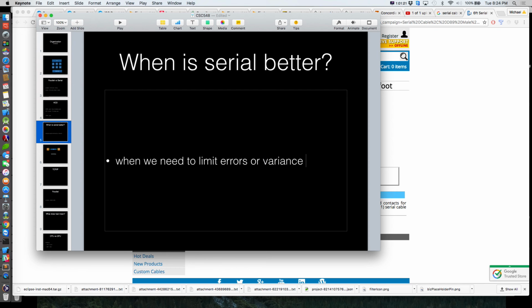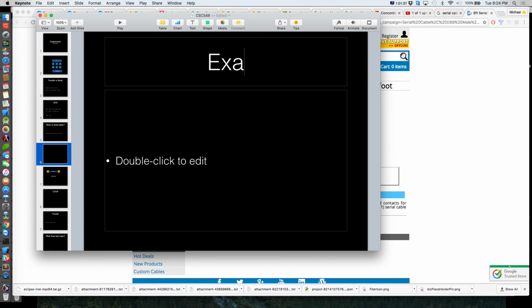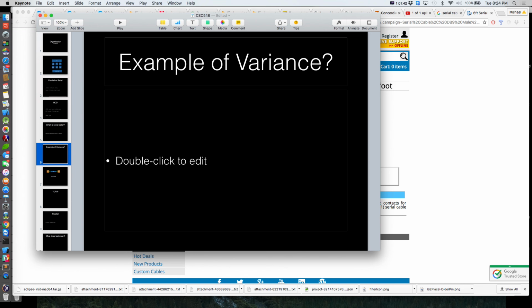Spelled variance, is that right? Nailed it. All right, so serial is better when we need to limit errors, in our example we just went through, or variance. All right, so we're going to talk about an example of variance next.